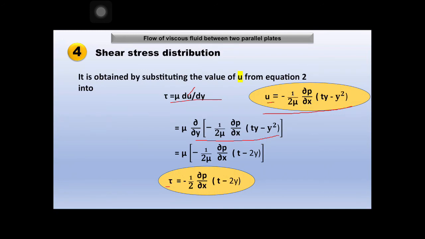See, this mu and this mu get cancelled. That's why this 1 by 2 comes directly into the picture. Okay, so hope this equation is understood. Since this is the final equation of the shear stress distribution, we'll name it equation number 6.